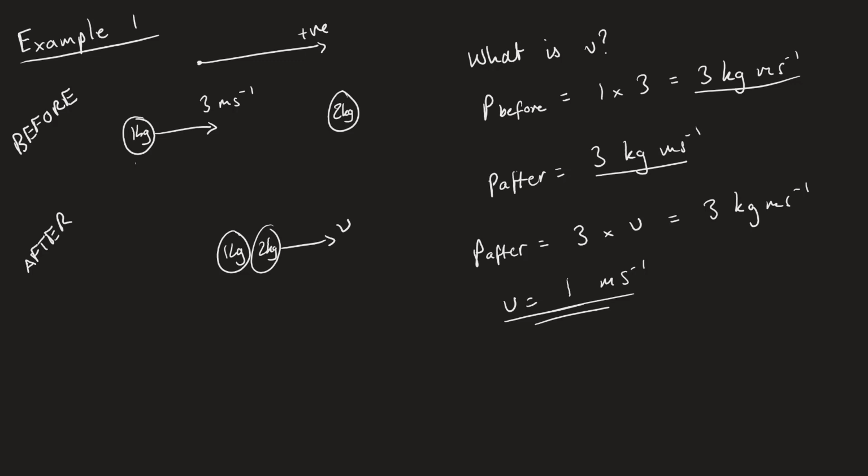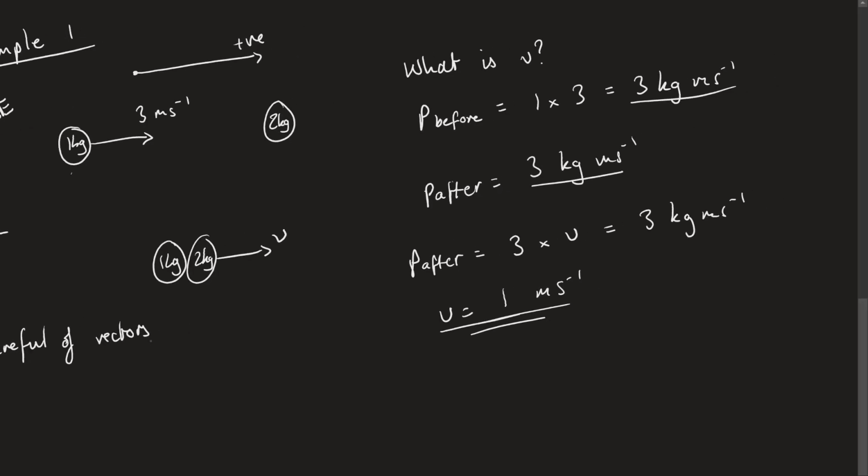Now, the things that I would say be careful of is when things move in opposite directions. That's always something you need to be careful of. So be careful of vectors. And apart from that, these should be fairly straightforward, okay?